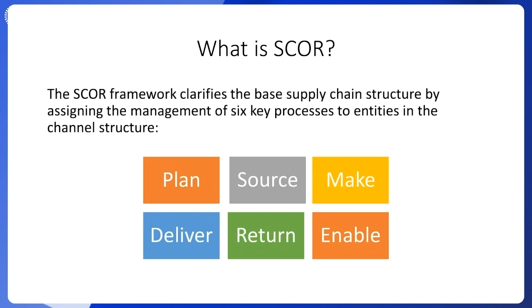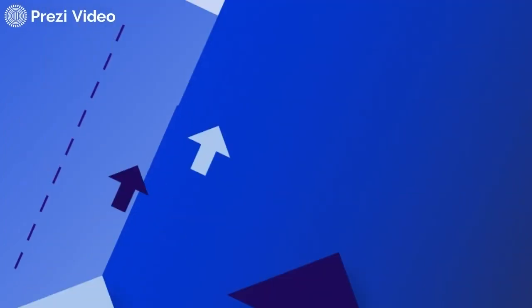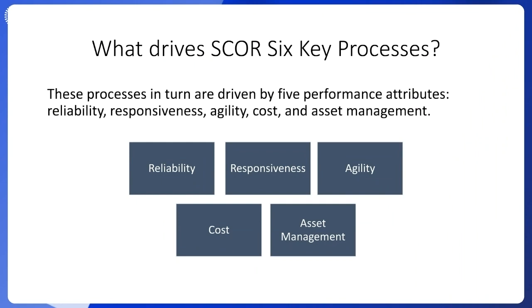They are the plan, source, make, deliver, return, and enable. These processes, in turn, are driven by five performance attributes. They are the reliability, responsiveness, agility, cost, and asset management.